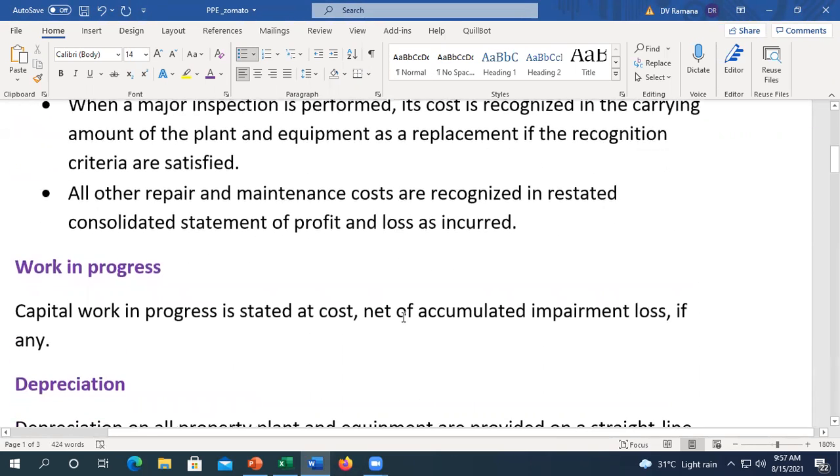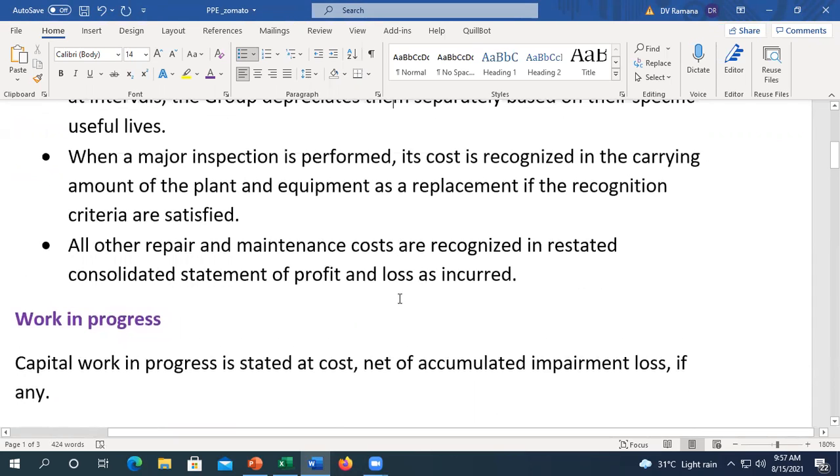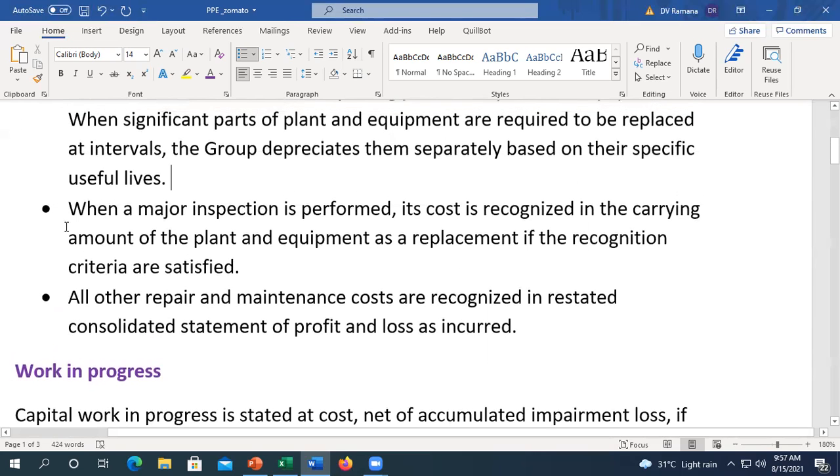Work in progress means they purchased the asset, but the asset has not been put into operation. So therefore, they are also shown at cost less accumulated impairment losses. We'll see what that impairment loss is in a minute.